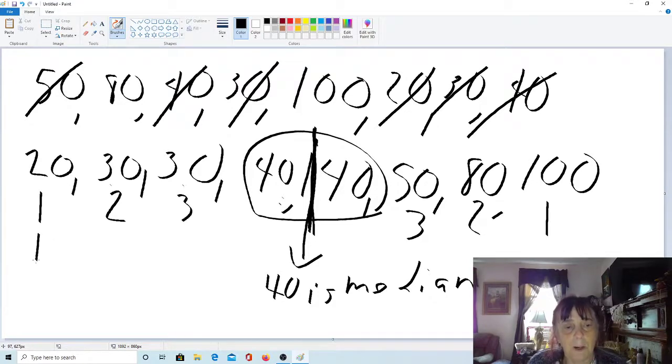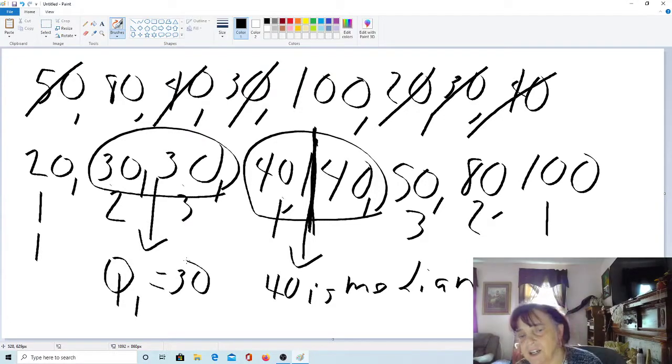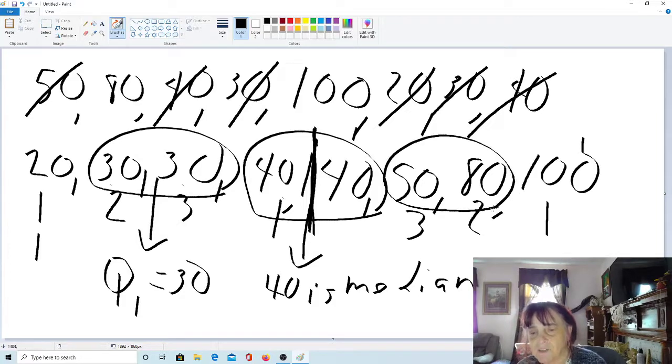What's our middle number? It'd be the two 30s. 30 plus 30 is 60. 60 divided by 2 is 30. So Q1 is 30. And then you have this set of data. Our middle number will be the 50 and 80 divided by 2. 50 plus 80 is 130. 130 divided by 2 is 65. So Q3 is 65.